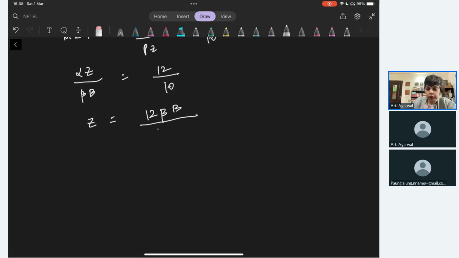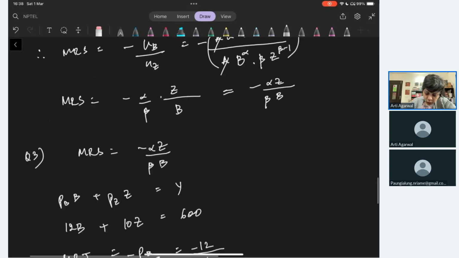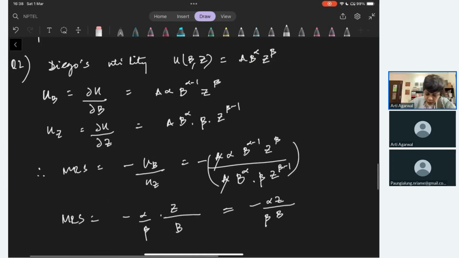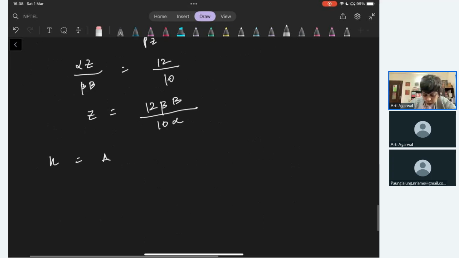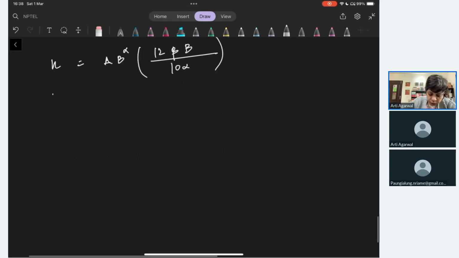Okay, this is the value of Z, and let's plug this back into the expression for U, which is A B to the power alpha, and this is the value of Z. You can simplify this a little bit.